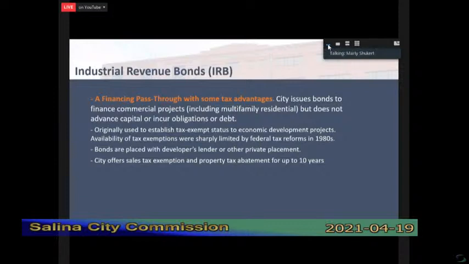The tax exemptions were curtailed during the 1980s, during the Reagan administration, through the Economic Recovery Tax Act. And so rather than allowing federal income taxes to be exempt on bonds willy-nilly, the government, through an act of Congress, established a cap for tax-exempt bonds that a state couldn't exceed, and the state had to come up with a method of allocating that tax exemption.